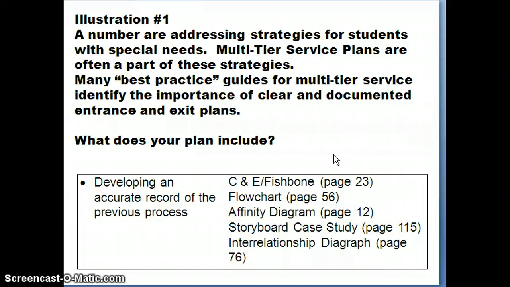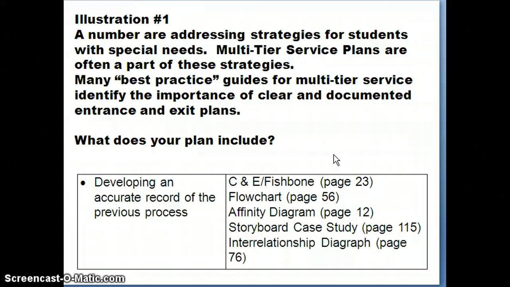Okay, well, best practices for education indicates that if you're going to use multi-tiered service plans, you need to really be clear about identifying entrance and exit plans. In other words, we really need to be very clear about making sure that only the people who need this Tier 1 or Tier 2 or Tier 3, I should say, plan are identified for this plan.